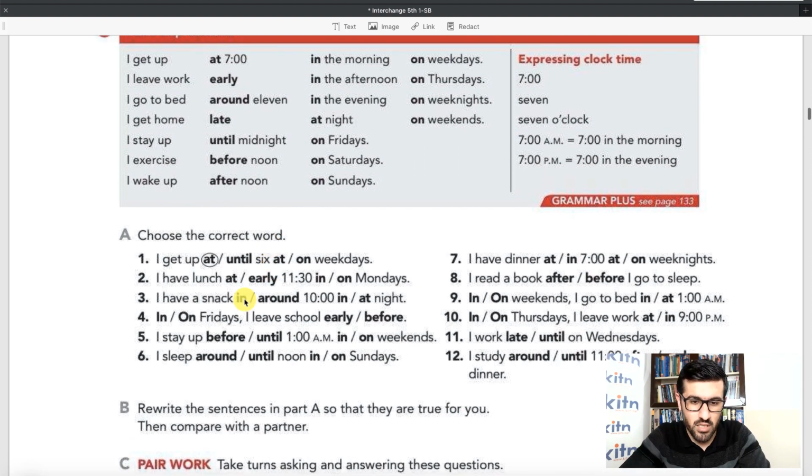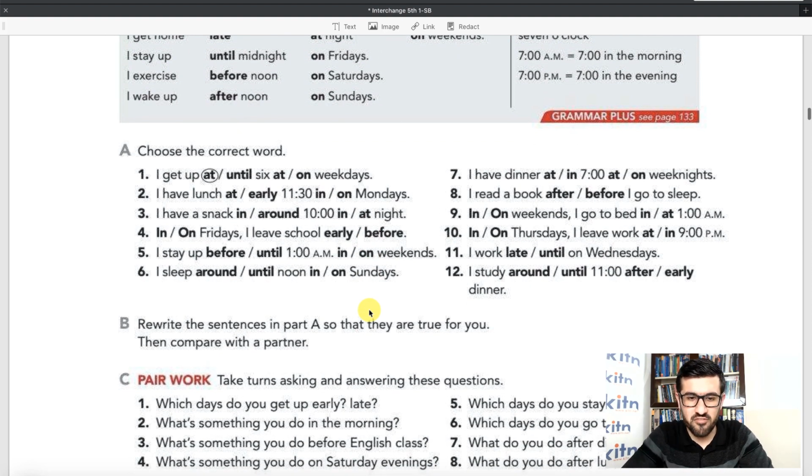So, in is used with these parts of the day. Since it's like a specific time, we use around. Okay? At night, I forgot to tell you that. I told you that we cannot use in with night, so we use at. Okay? Remember that. We use at night, not in night.